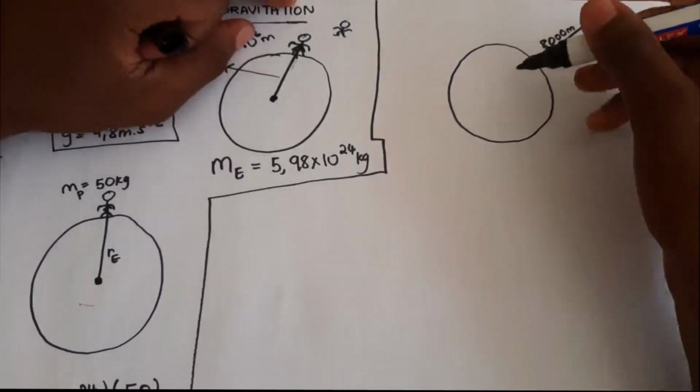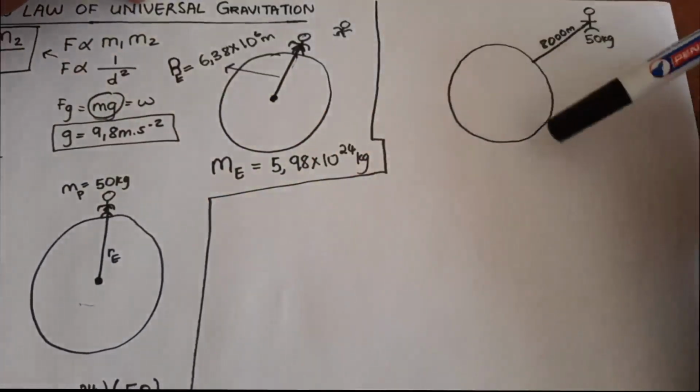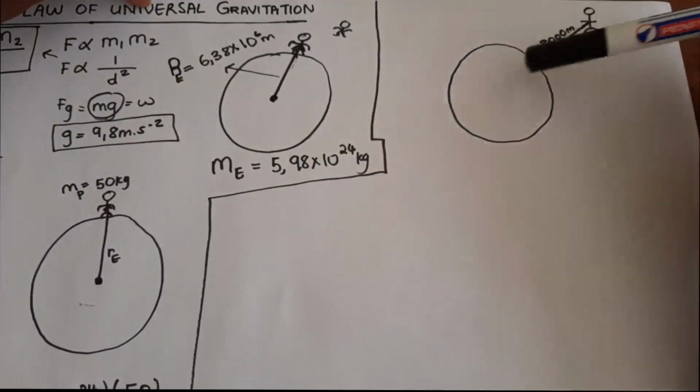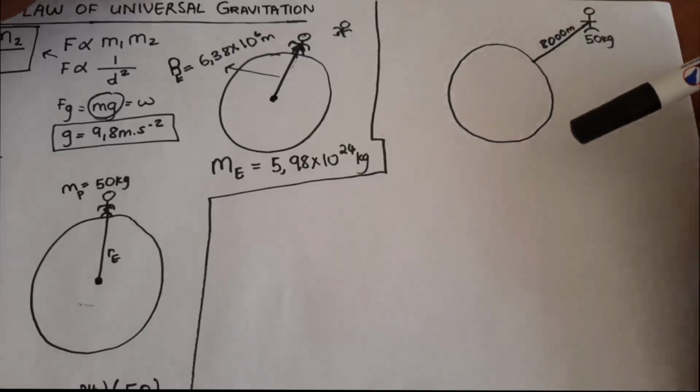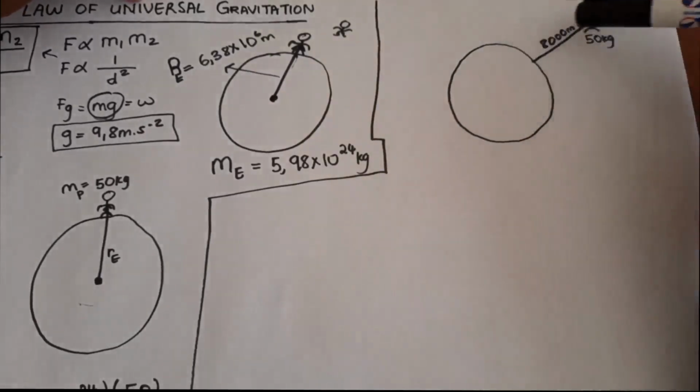You know that Newton's law of universal gravitation says that these two masses are attracting each other by a certain amount of gravitational force, and the distance between them must be squared.